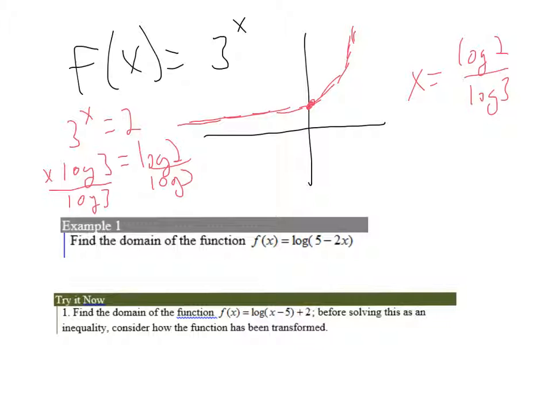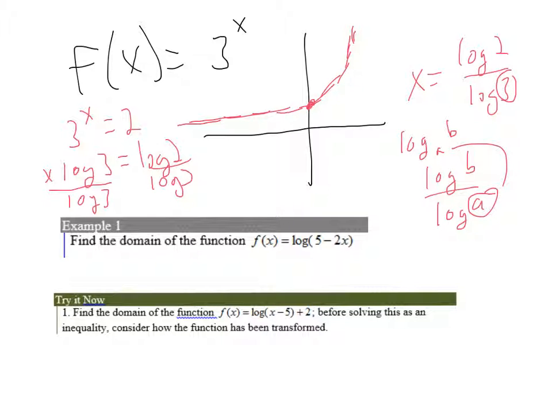I don't know if you remember back when we did change of base. If I'm looking for the log base a of b, that's the same as log b divided by log a. Here the a is the base, so in this case 3 is the base of this log.